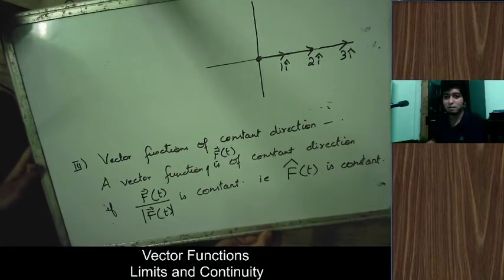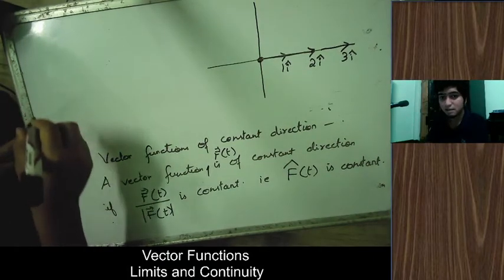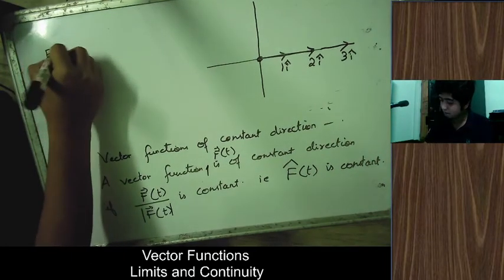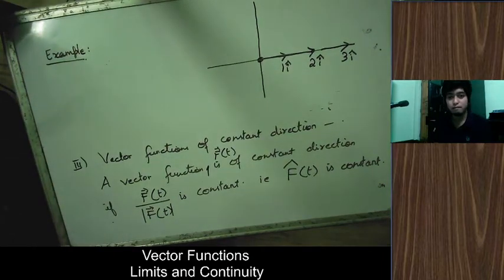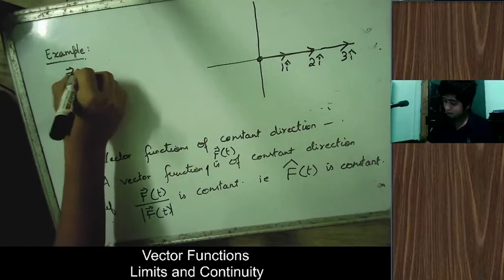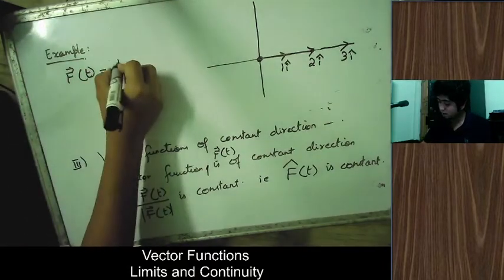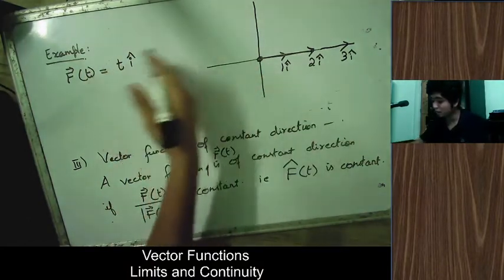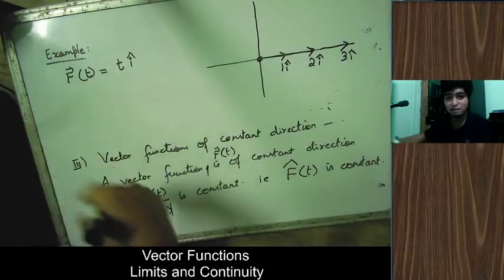Okay, so over here, what can we do? I will write it like this. Example: take f(t) equal t i. If you put t equal 1, you will get 1i, t equal 2 gives 2i. So this one is of constant direction.